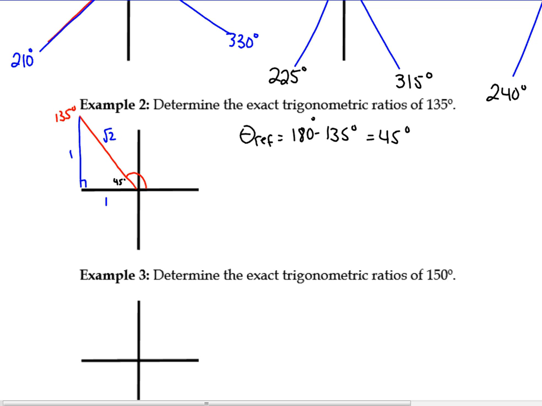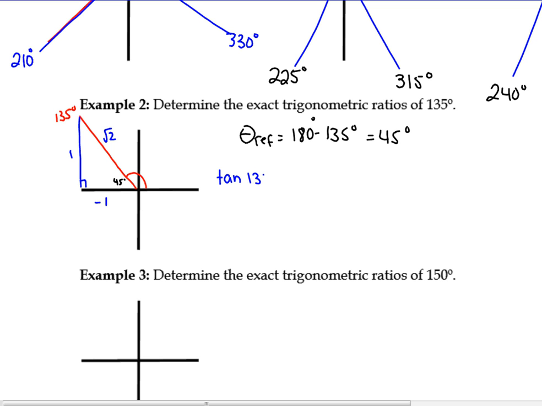Good. In quadrant 2, who's positive, who's negative? X is negative, Y is positive, R is always positive. So now I can figure out the exact trig ratios of 135.